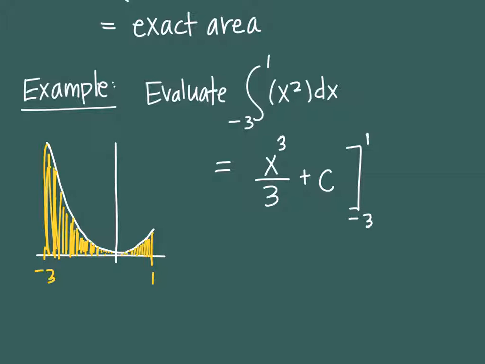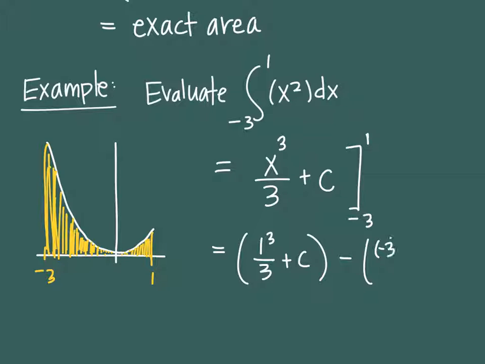And then we plug in, and we always start with the top number first. And so in parentheses, we're going to plug in the top number of 1 into that function. So it'll be 1 cubed over 3 plus c. And then minus, and then you plug in the second value, what we call the lower bound.